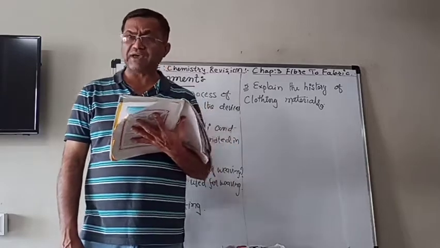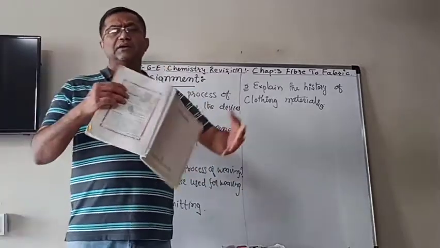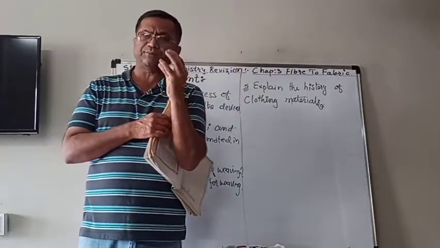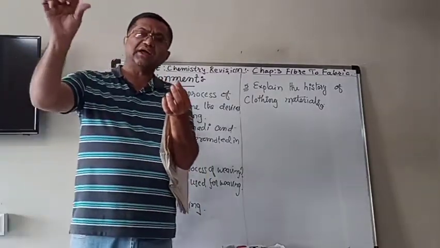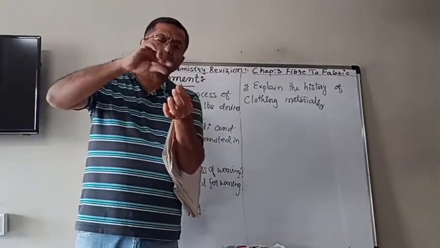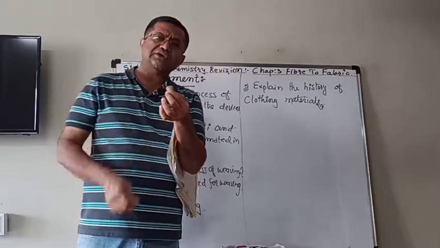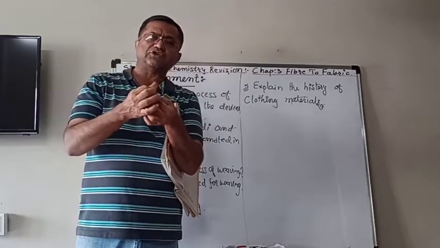So you yourself can make a cotton yarn by taking a small bunch of cotton fibers. With the other hand, the thumb and the forefinger, pinch some of the cotton and then pull it with twisting also.